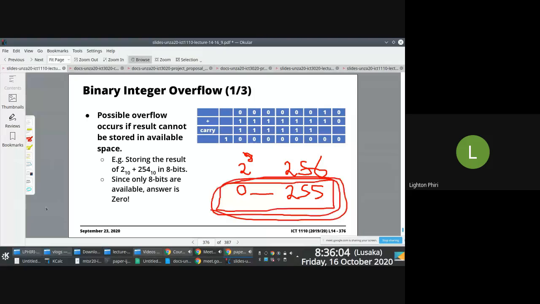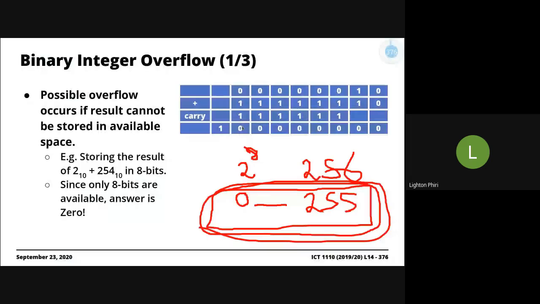Now, overflows are handled differently, really. In certain instances, the answer will be truncated. In some instances, depending on the application, it will signal an error, so it will be treated as an exception. And this is how MIPS behaves, actually.